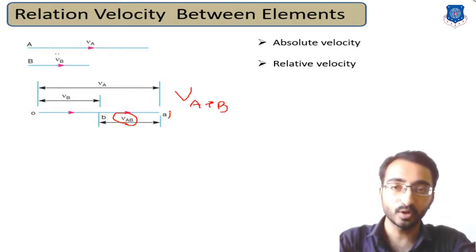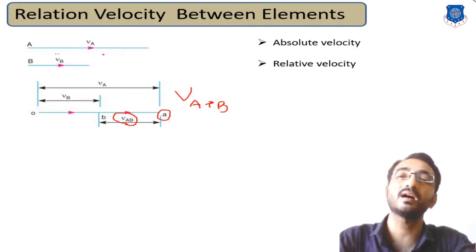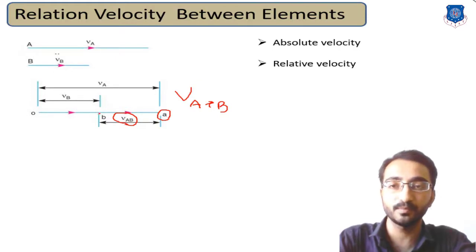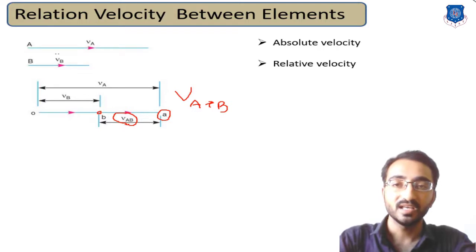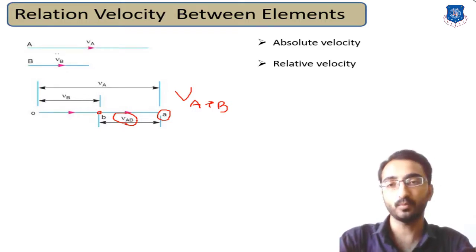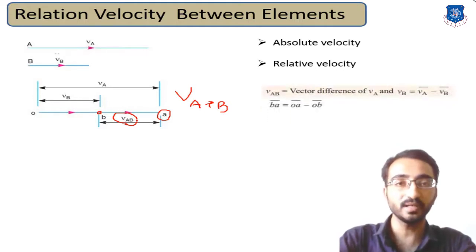Here point A is here and point B, we have simply sketched this. This is a graphical method in which we are simply plotting that amount. So the difference of velocity of B is known as the velocity of point A with reference to point B. How can we calculate it? Simply the vector difference of VA and VB.